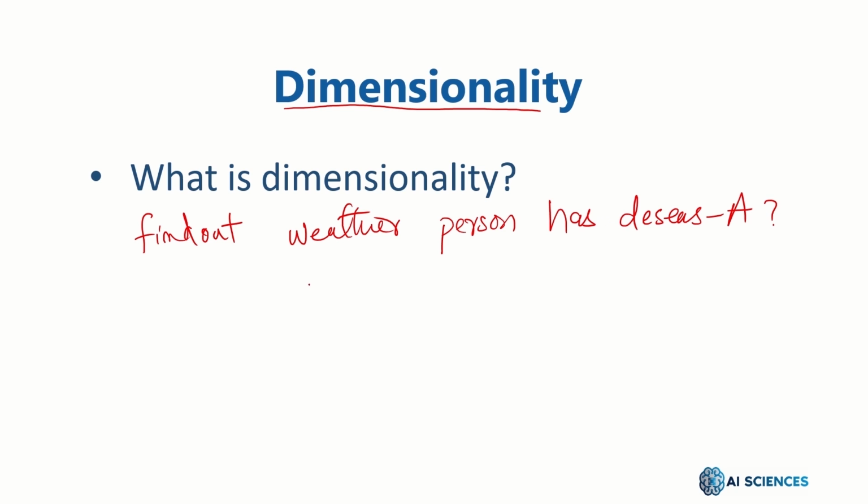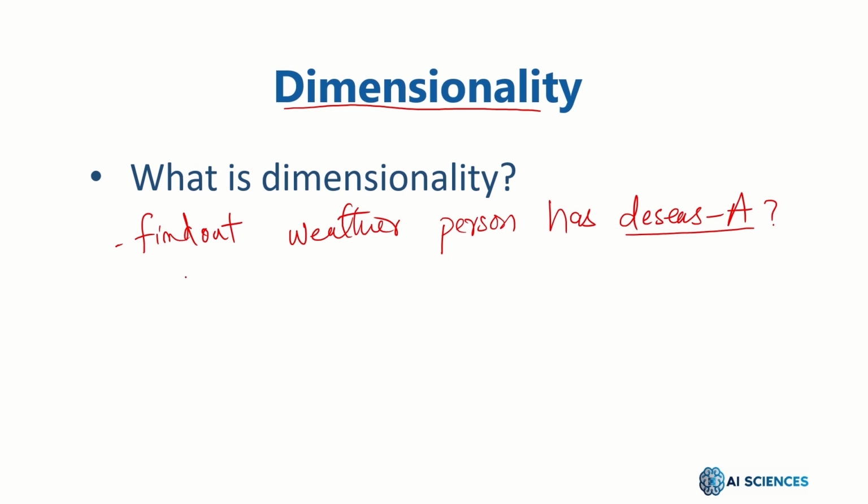That's your task. Now you want to build an automatic system that basically tries to find out whether a person has disease of type A or not. And now you're thinking about the attributes that actually are helpful in categorizing whether the person has this disease or not.